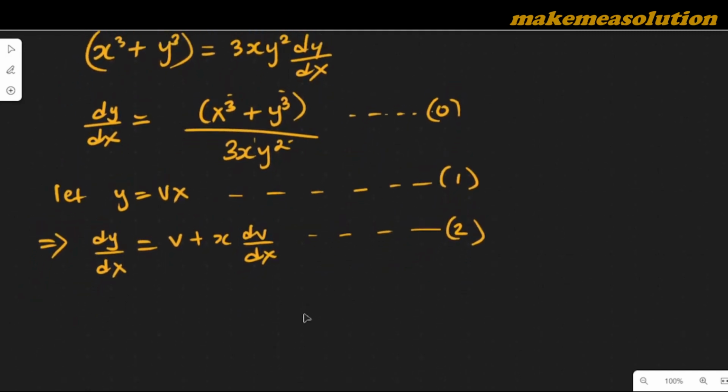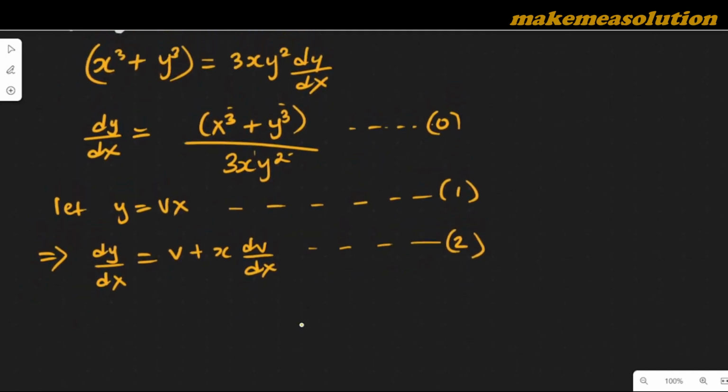Now you're going to substitute as usual. Substitute what and what? Substitute 2 and 1 in 0. Is that okay? When you substitute 2 and 1 in 0, remember this is 0, right?